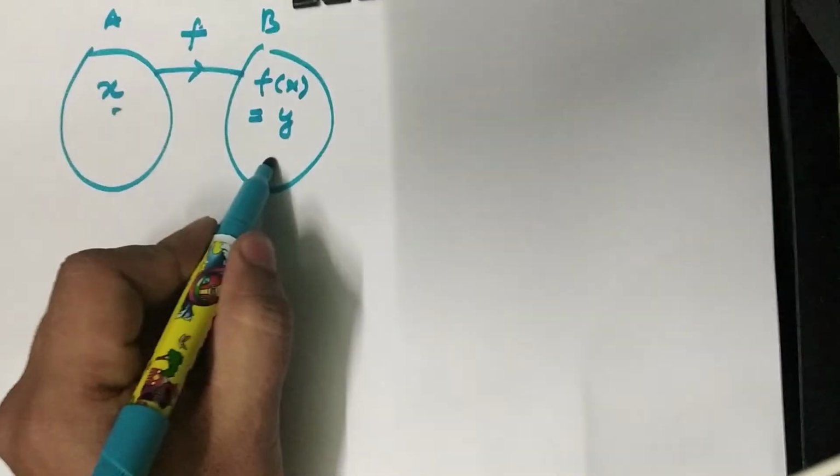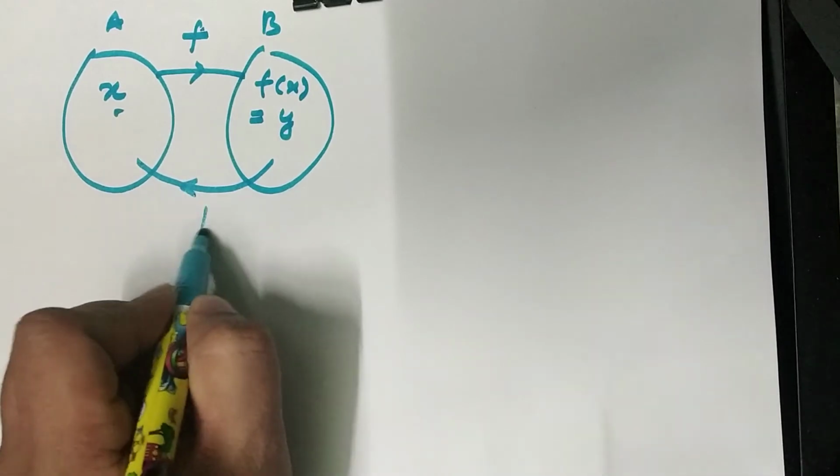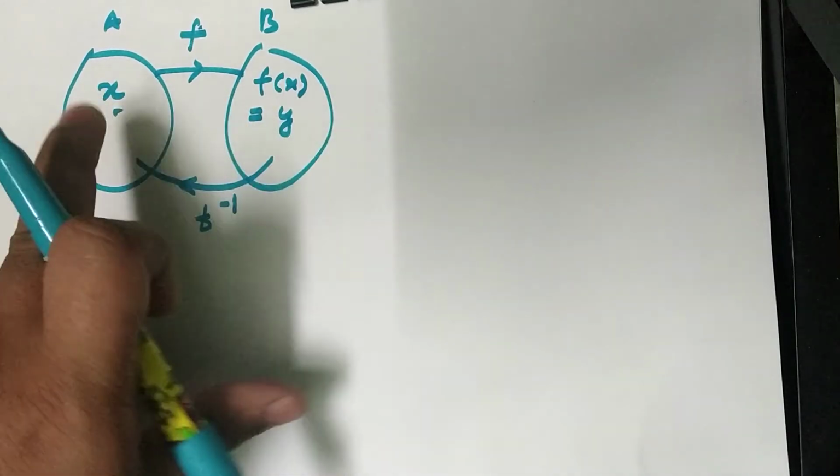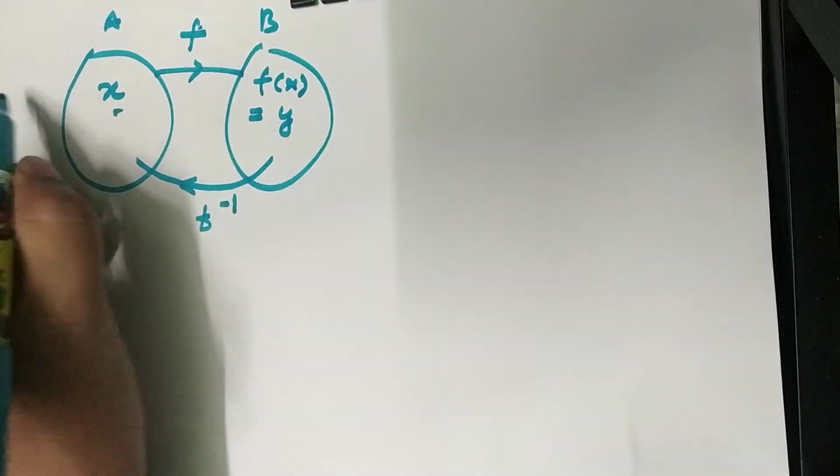Now, let us assume this function f from A to B is 1-1 and onto. If this is 1-1 and onto, then there exists an inverse mapping from B to A, f inverse, which will take this y as the input and will give x as the output.